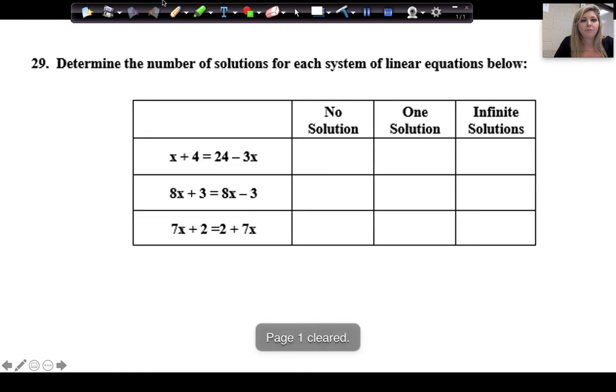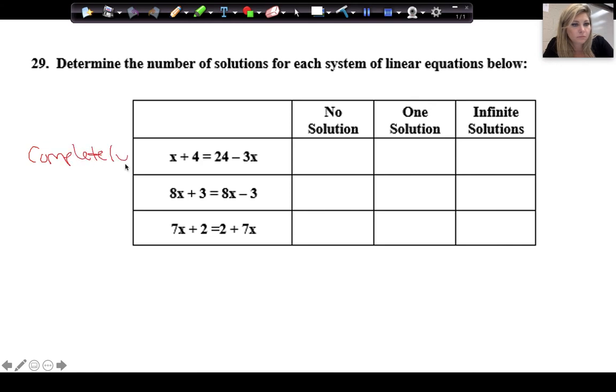Determine the number of solutions for each system of linear equations shown below. When it is completely different, one solution.